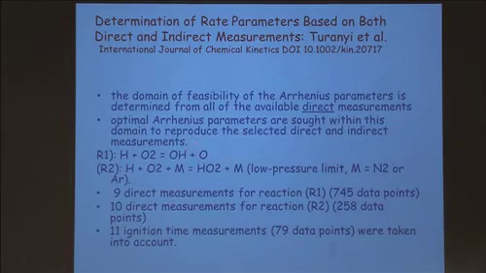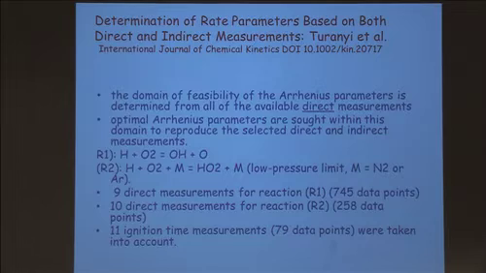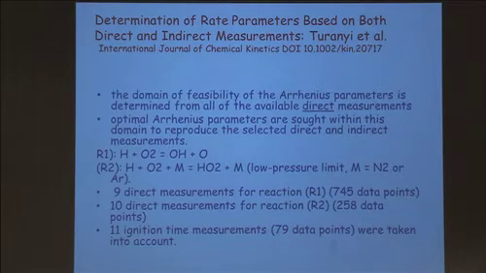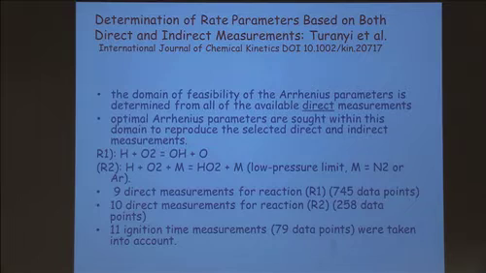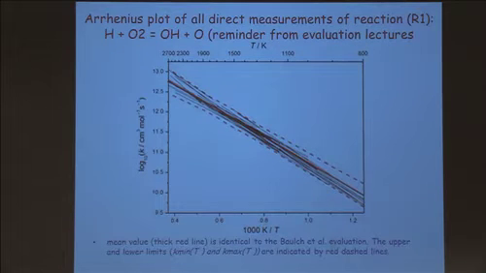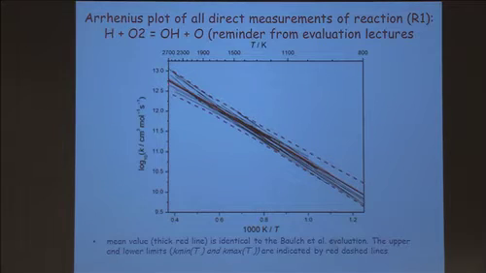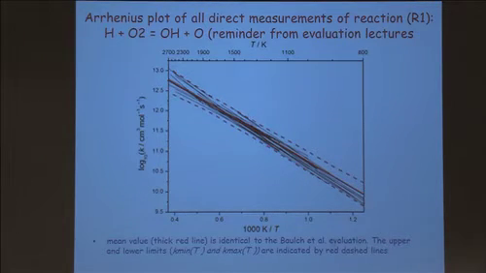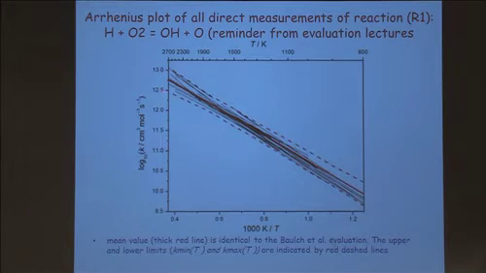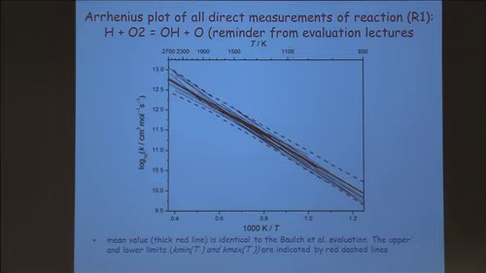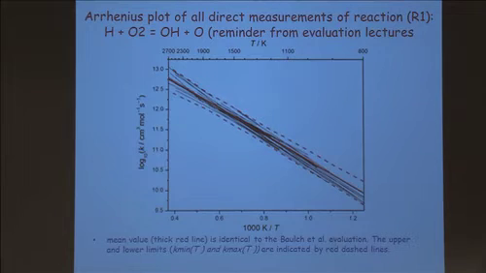Okay, so what we said yesterday was Tarani took the range of rate coefficients. So this is H plus O2. So here's the thick red line, which is the Balch recommendation. The dotted red line shows the range of uncertainty of the rate parameters that were measured for H plus O2, the total range of measurements.